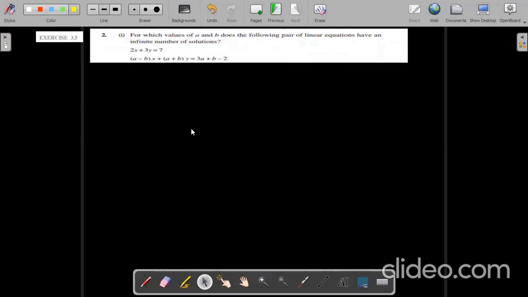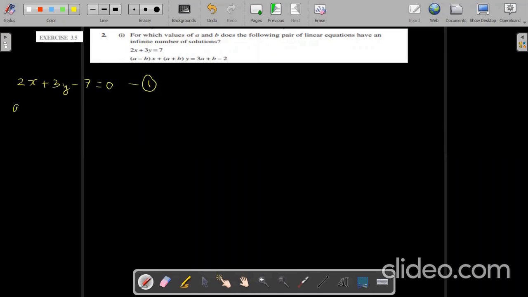Now we have this question. Here the condition is already given to us that the equations have an infinite number of solutions. So first of all, write the given equation. First equation is 2x plus 3y is equal to 7. So 7 you take to the left hand side, so minus 7 is equal to 0. This is our equation number 1.